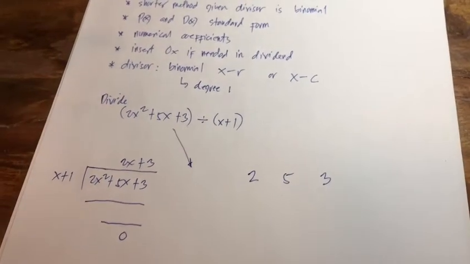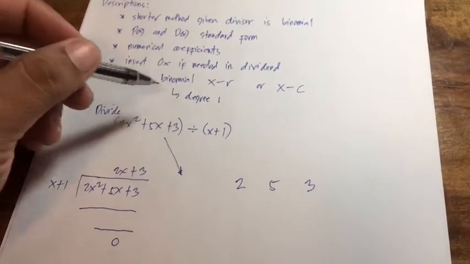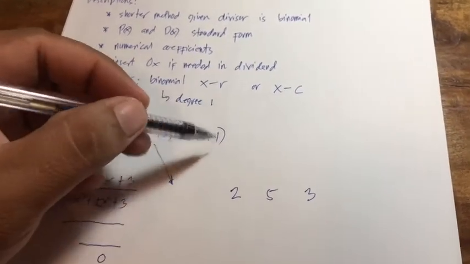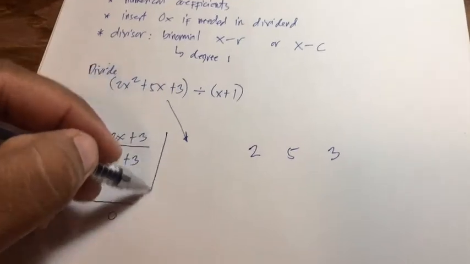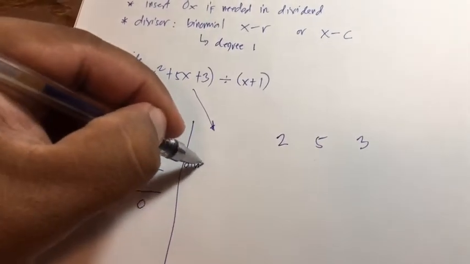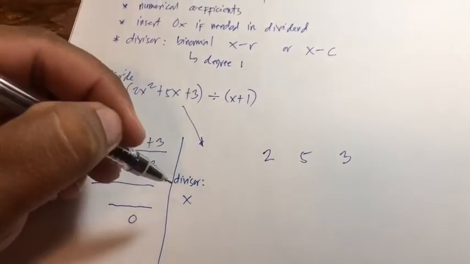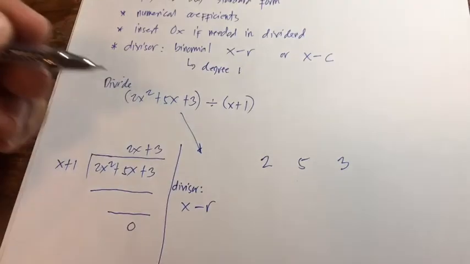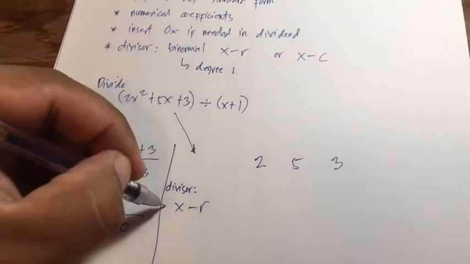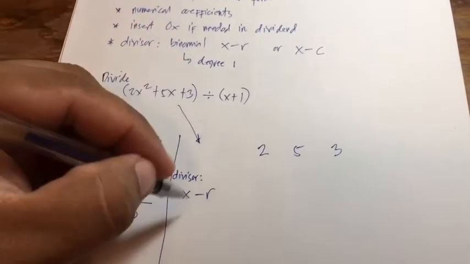After that, check the divisor. Our divisor is x plus 1. We know that our divisor should be of the form x minus r, but our given is x plus 1.